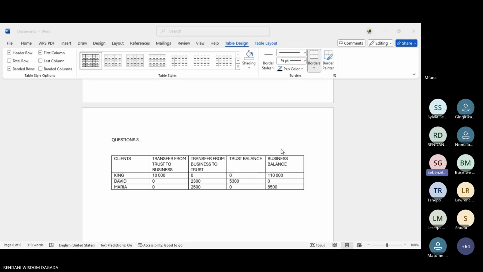So I've understood David now. Now the section where we talk about Maria. I don't understand why in the trust balance we end up having 0, whereas we've transferred the 2.5 from the business balance. So are we not supposed to have the 2.5 plus the 2.5 which was missing in the trust balance as the trust balance, as it has been transferred?